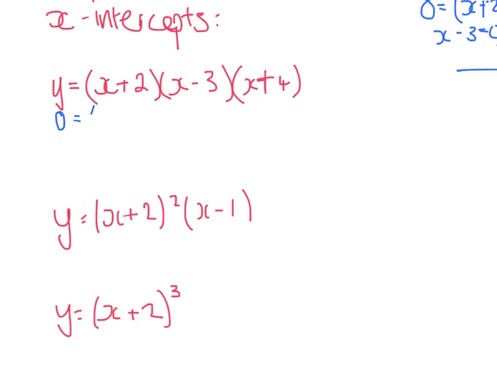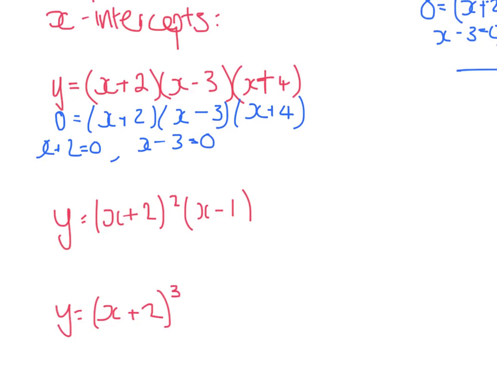So 0 is x plus 2, x minus 3, and x plus 4. Now, three things multiplied together equaling 0 means one of them has to be 0. So either x plus 2 is 0, x minus 3 is 0, or x plus 4 is 0, in which case x is either minus 2, 3, or minus 4.